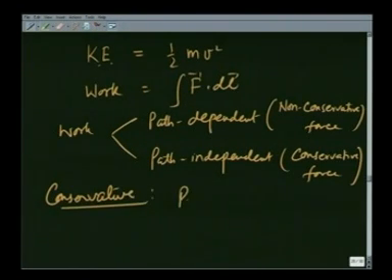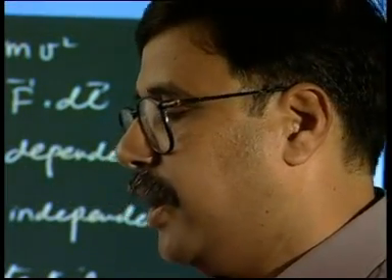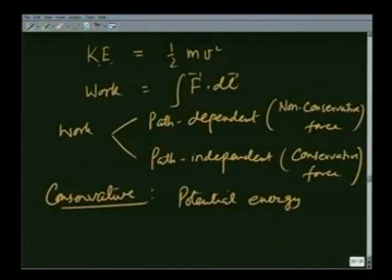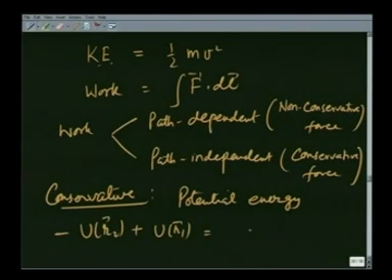I can define a quantity called potential energy. Actually, I should really say it is the difference in potential energy, which is defined as U(r2) minus U(r1) is equal to the integral of F dot dl between 1 and 2, and we saw that the change in the potential energy at a position is equal to minus F at that point dotted with dl.